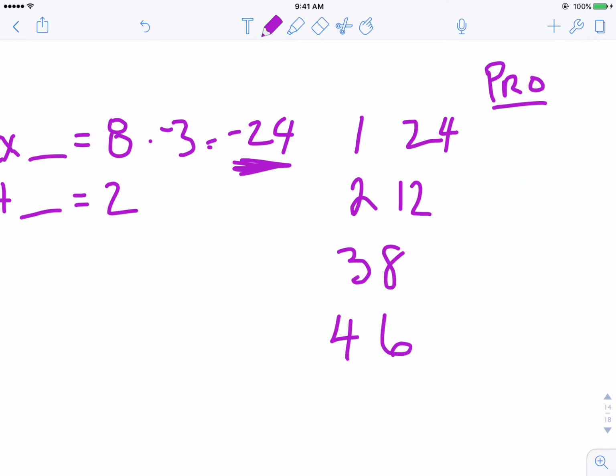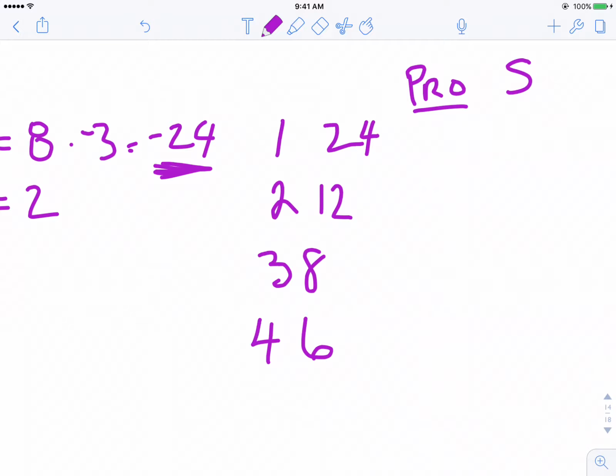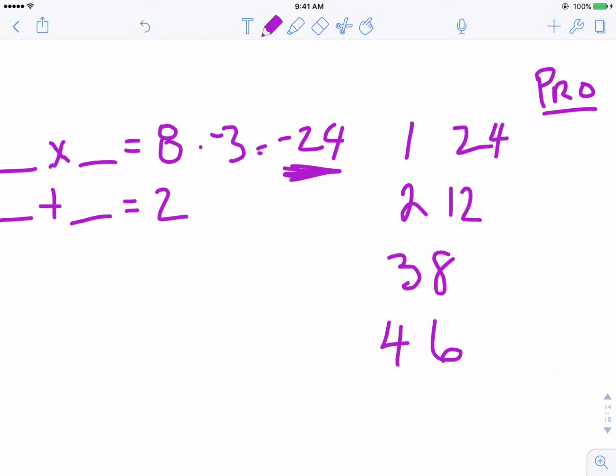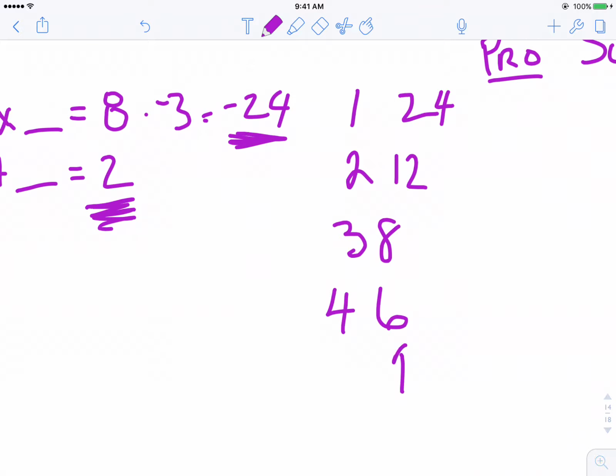My sum, when I add them together, is a positive 2, which means the bigger value has to be the positive. The smaller one has to be the negative. Because when I add them together, I have to end up with a positive, so it's got to be bigger. So each of these has to be the negative value.